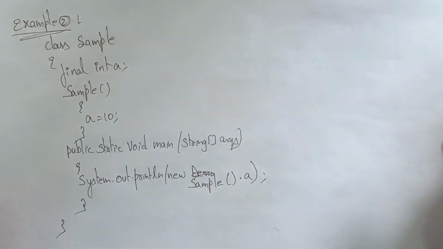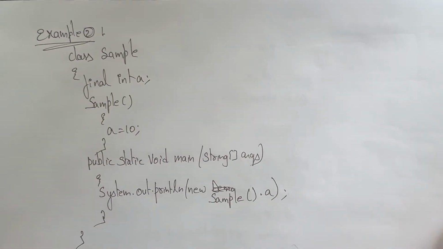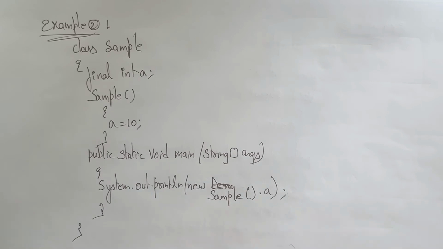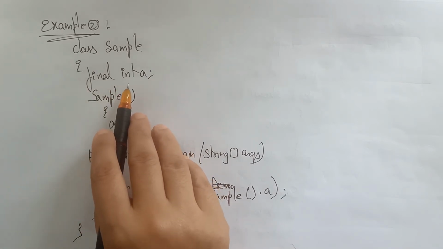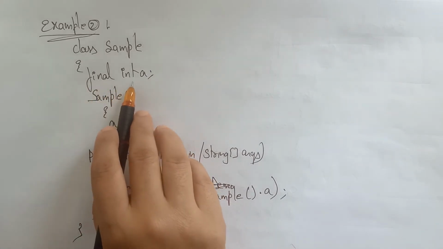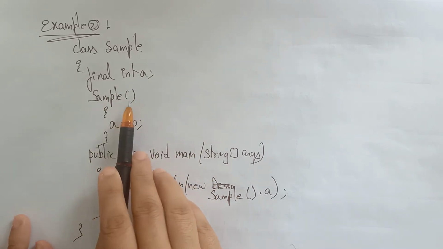Okay, so let's see another example. Does this program execute or not? Let's check. First try to observe the program. Class Sample, final int a. Again I did the same thing, I didn't initialize it, but here I have created a constructor.